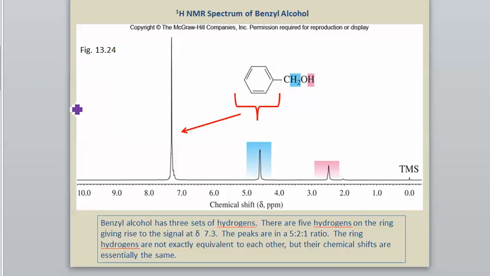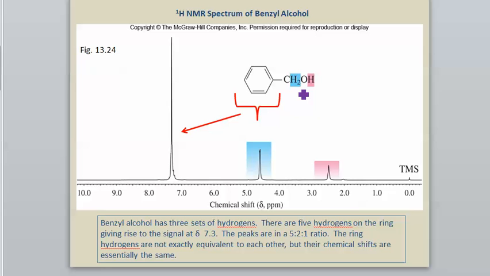Sometimes they are split in a more complicated fashion, but the fact that they're resonating a little over 7, around 7.3 parts per million, that's very commonly going to be the case when you have one of these benzene rings. And as it says at the bottom, these are in a 5 to 2 to 1 ratio, which also helps us assign the right peak to the right part of the molecule.